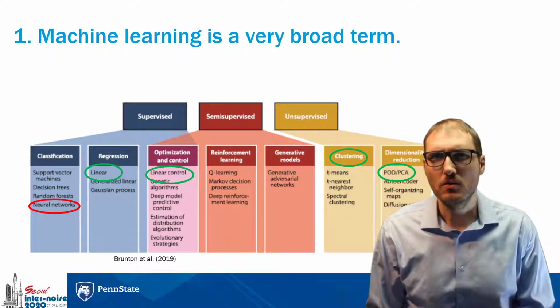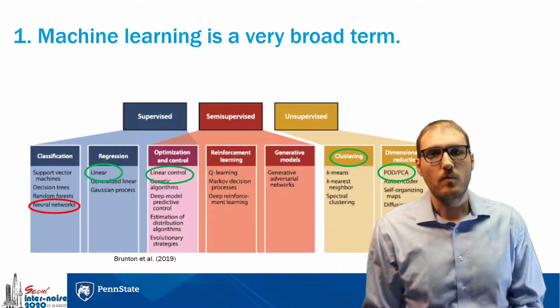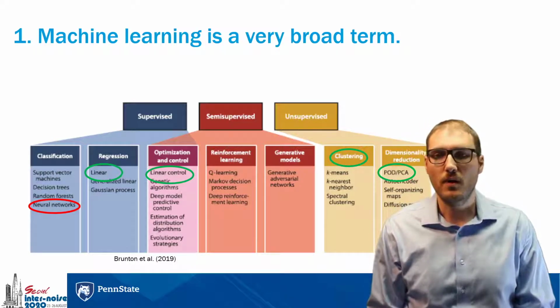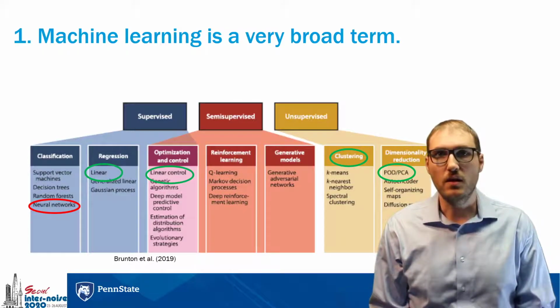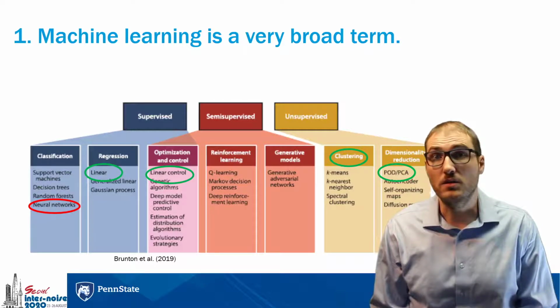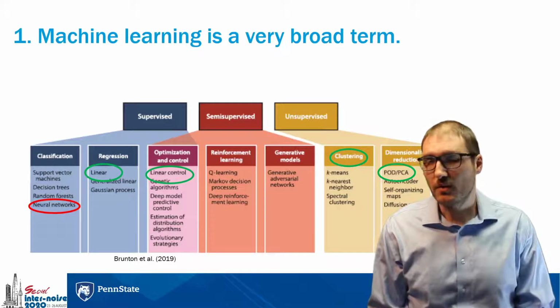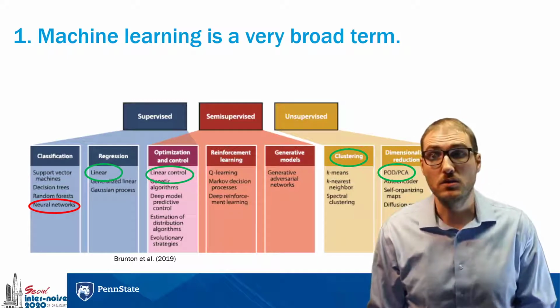But also, when novices like me throw around the term machine learning, they probably aren't thinking of linear regression. Sticking a best fit line through a bunch of data, a scatter plot, is a kind of supervised machine learning. That's probably not what people are talking about when they say, oh, I do machine learning in acoustics.